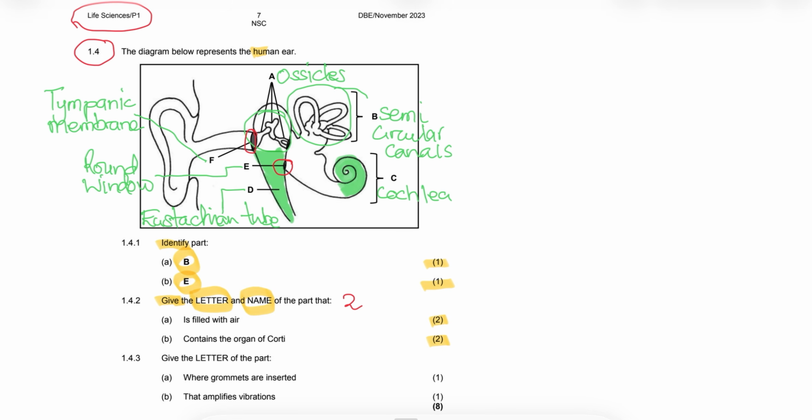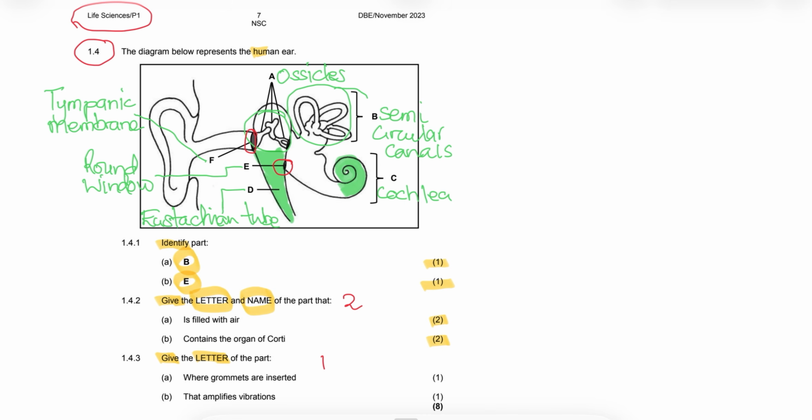All right, so we move on to question 1.4.3. This one is also asking you to give, but this time you are just giving the letter. So you are only giving one thing here, and it's just the letter, guys, not the name. Some learners would write the name. If you write the name, the examiner will not be lenient with you.